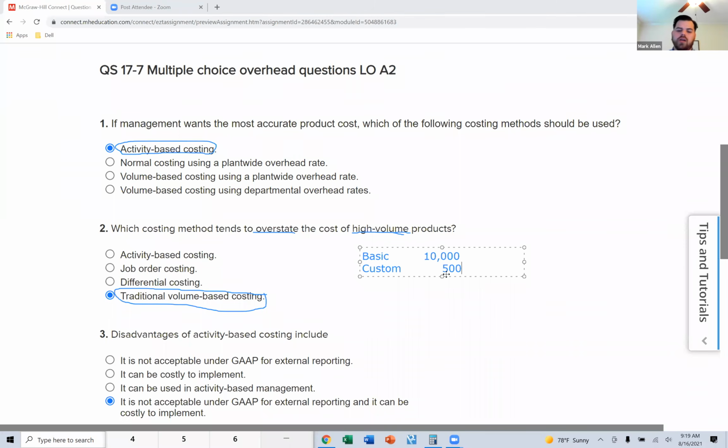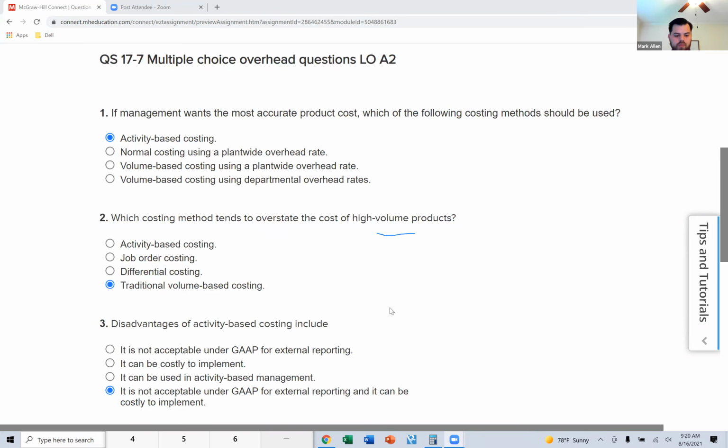Very interesting. It's a key red flag to know that we're dealing with traditional volume-based costing whenever we're dealing with high volume products. Also, if you want to link it, we've got high volume and volume-based costing. So it shouldn't be surprising that volume-based costing is the one that assigns cost based on volume.